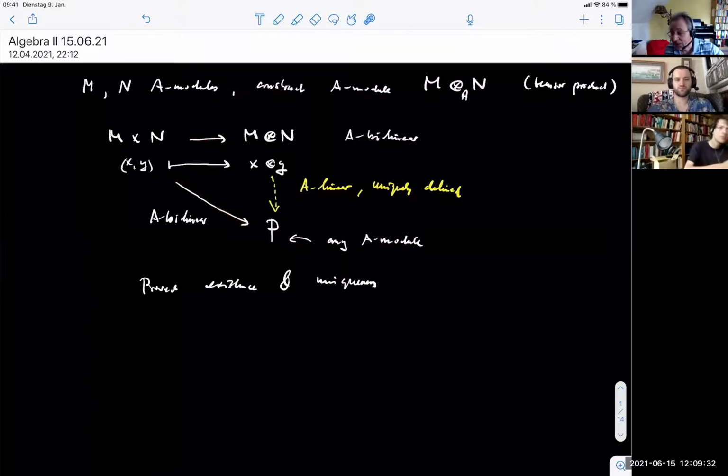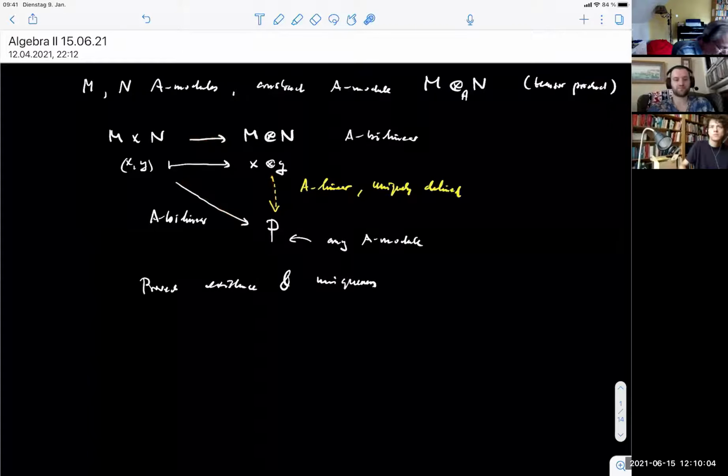Then the uniqueness statement is that there is exactly one linear isomorphism here which makes the diagram commutative. That's the meaning of uniqueness, and we also proved that. Actually, this is by general nonsense: whenever you have an object characterized by such a universal property, it's automatically unique in this sense.